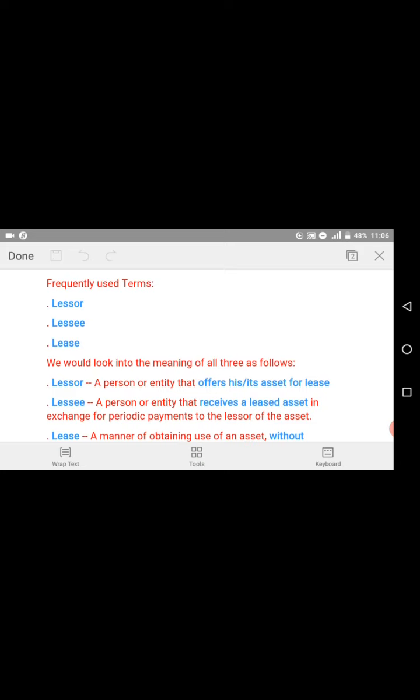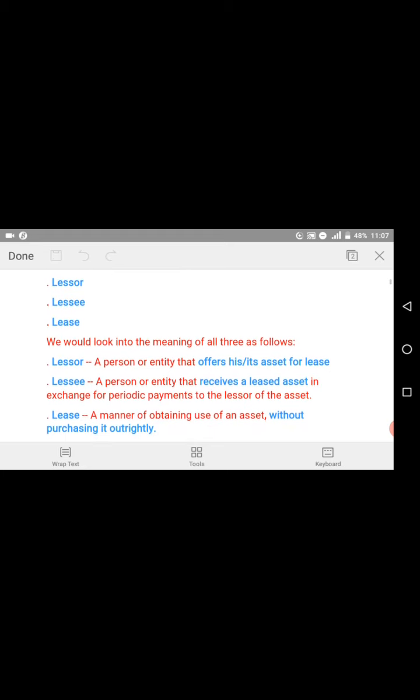The lessee pays periodic payments to him in exchange for using an asset that is owned by the lessor.